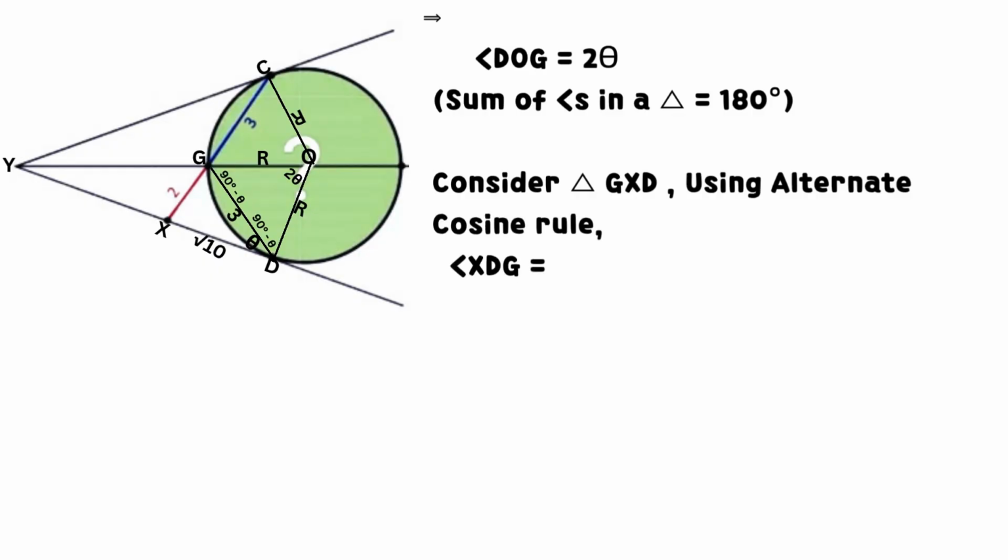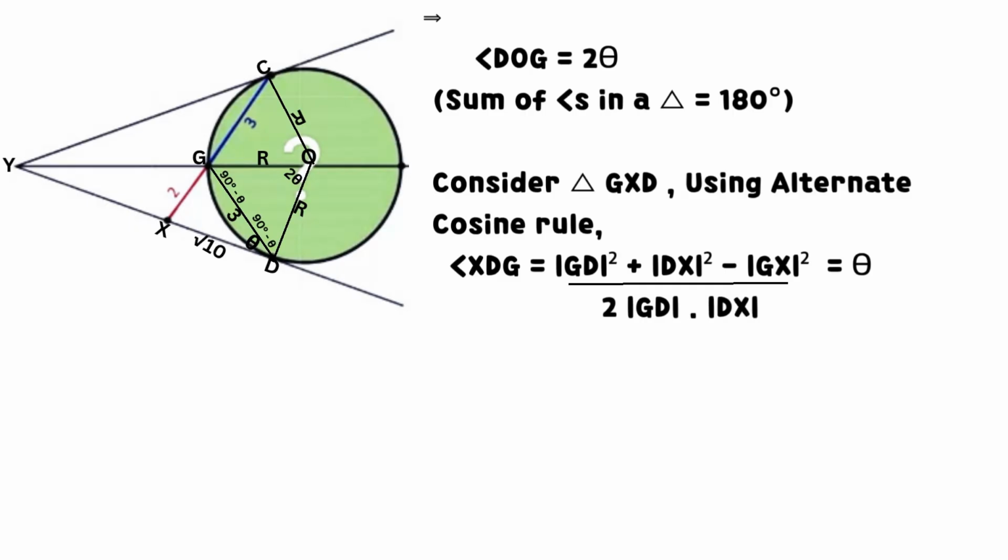Consider triangle GXD, using the cosine rule. Cos of angle XDG equals the sum of the square of line GD and the square of line DX, minus the square of line GX, all divided by 2 times the product of line GD and line DX, which equals cos theta.